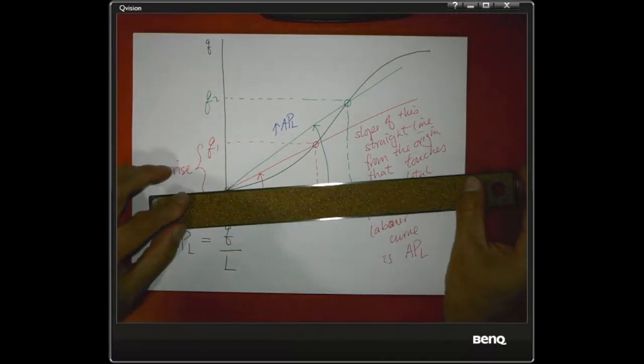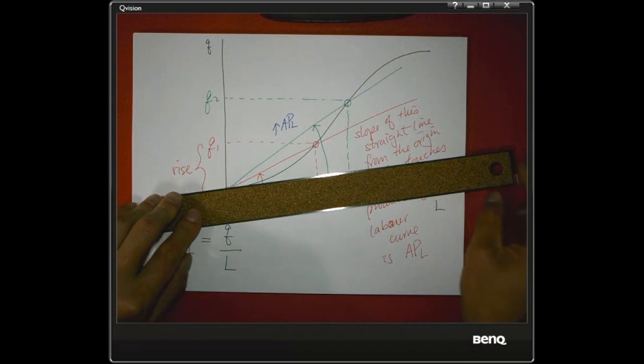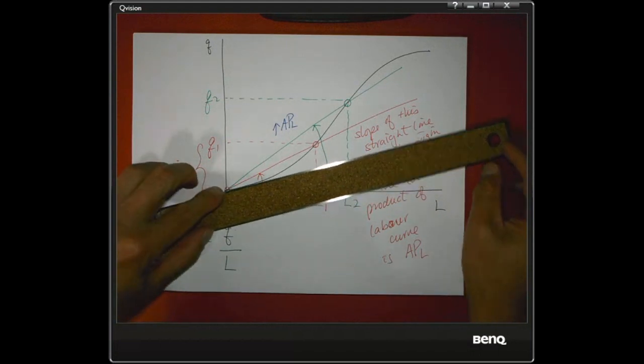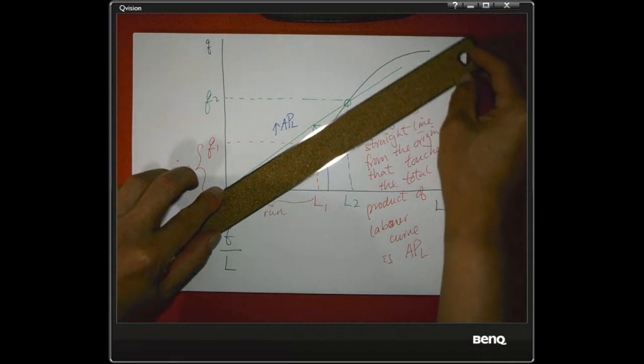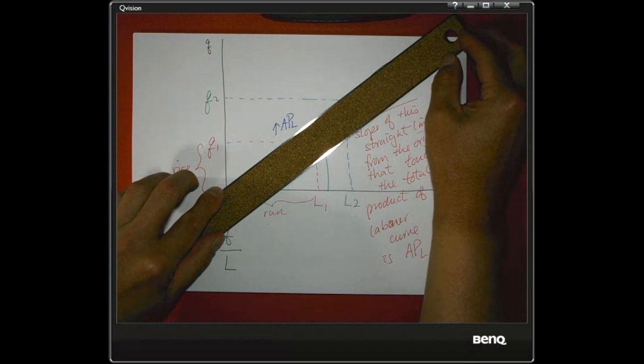Starting from the origin, if you draw a straight line touching the total product curve, you can see the straight line is getting steeper and steeper until it reaches the middle.